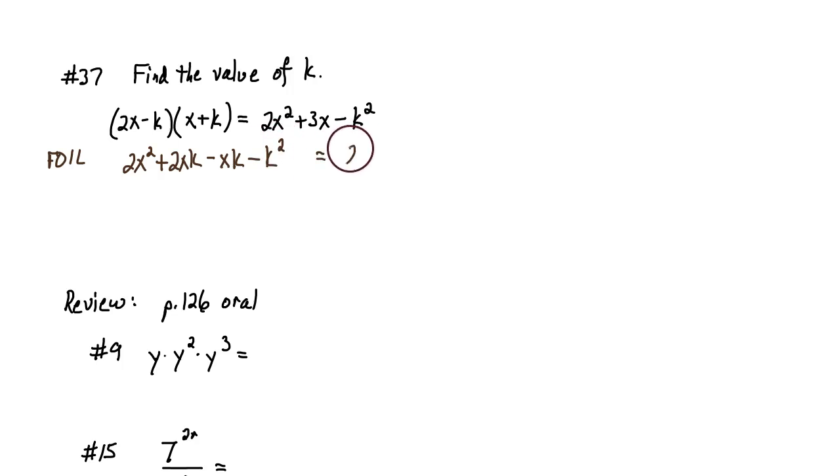Let's keep the right side of the equation the same as it was. Notice that there's a 2x squared on both sides. Using subtraction, those cancel each other away. Notice that there's a negative k squared on both sides.